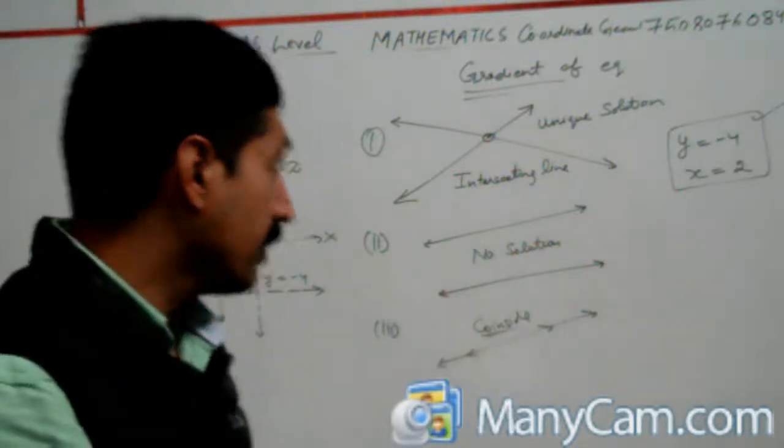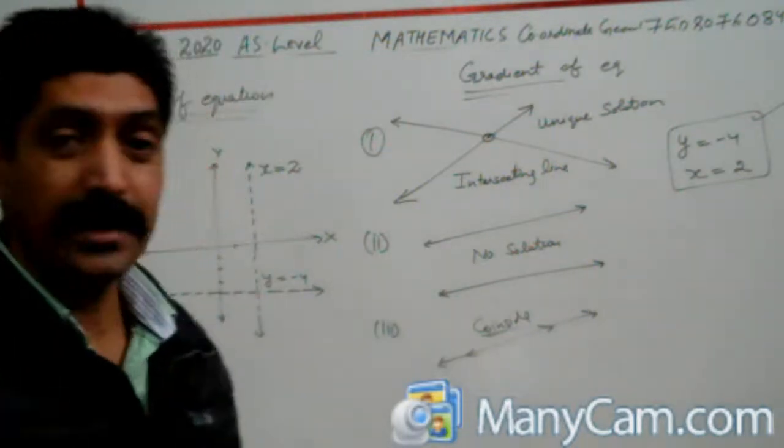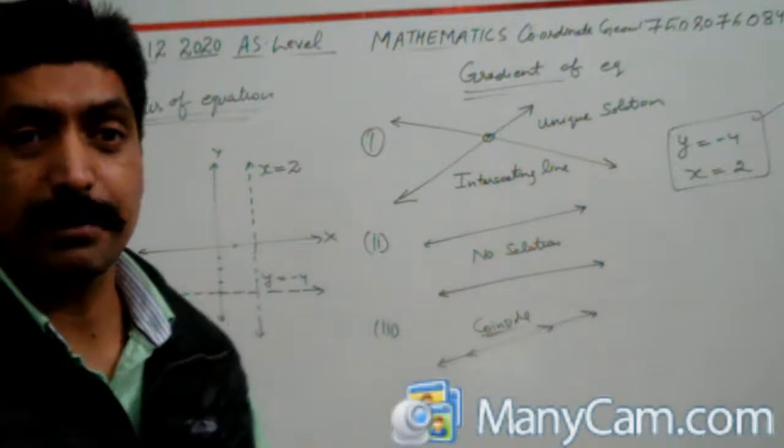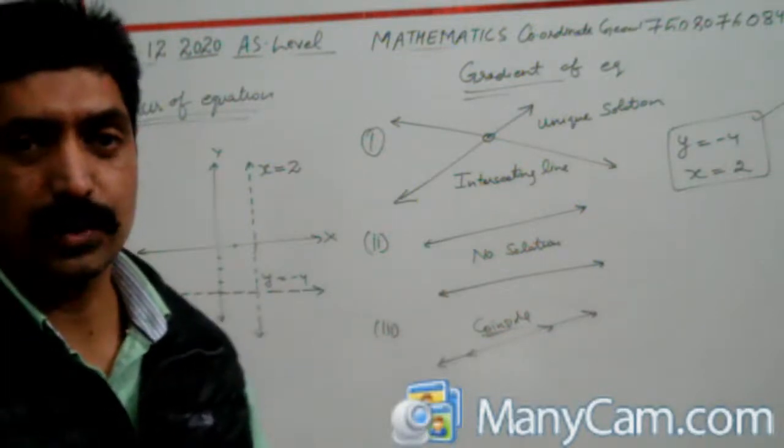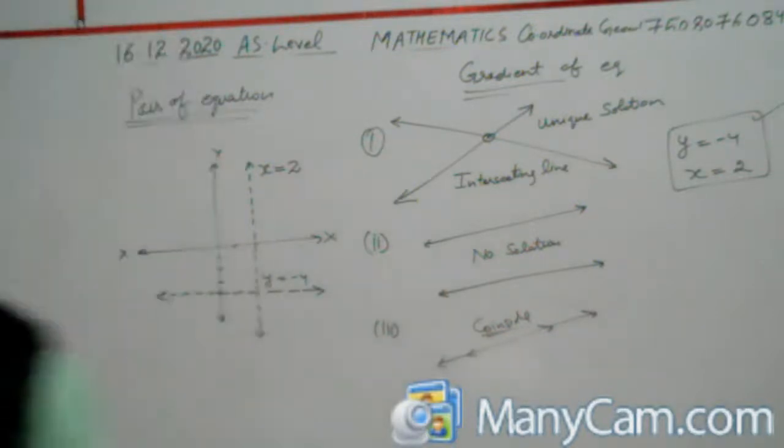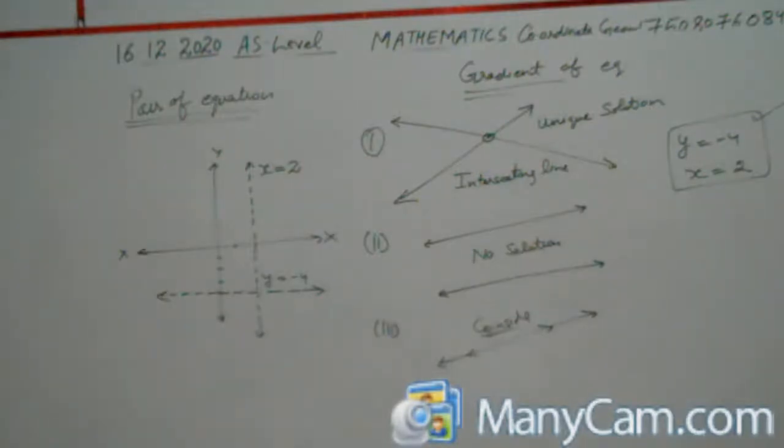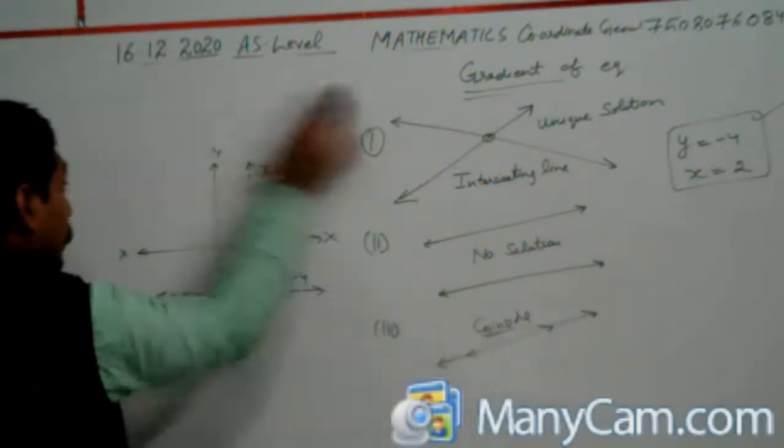So these two lines are mutually perpendicular lines. Here we again have parts to this question. Let me give you some questions to solve. Please note down, and as homework you can do.